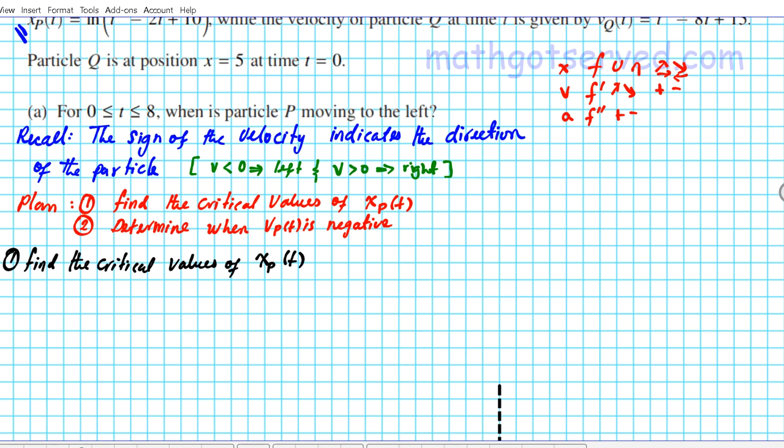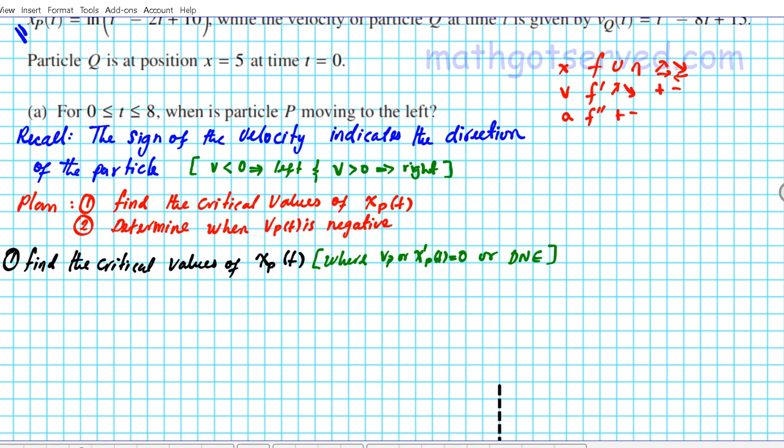The critical values are where the velocity, or the derivative, since v_P is also the derivative of the position function, is equal to 0 or where it does not exist. Don't forget that. There are two parts in finding the critical values.